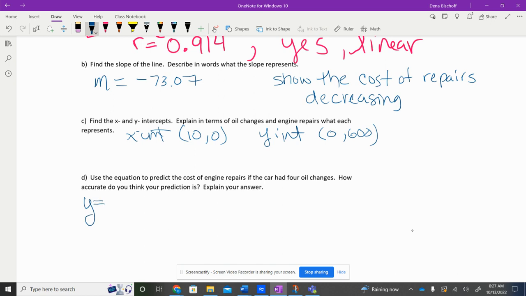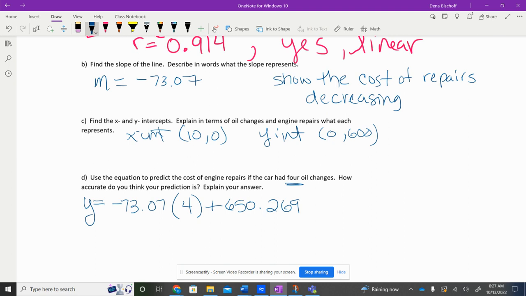Our equation is y equals negative 73.07 x, where x is 4 because we're using 4 oil changes, plus 650.269. We're just using our equation and plugging in the value for x.